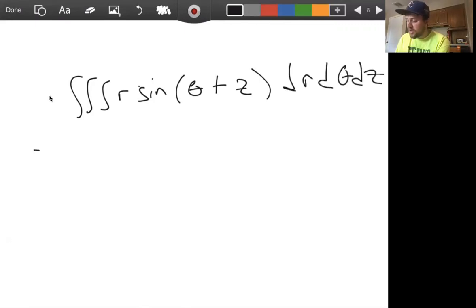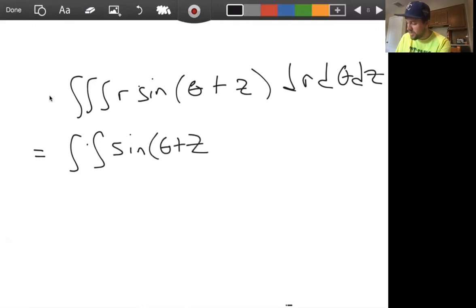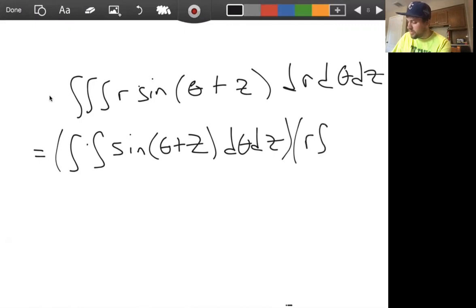Well, you could split up the r to where this is sine theta plus z d theta dz times the integral r dr. You could do this, but you can never split these variables up, right?